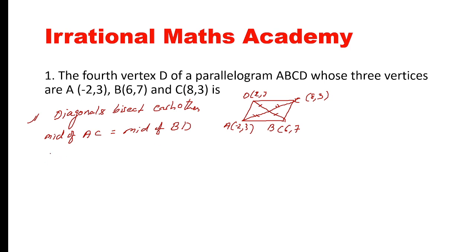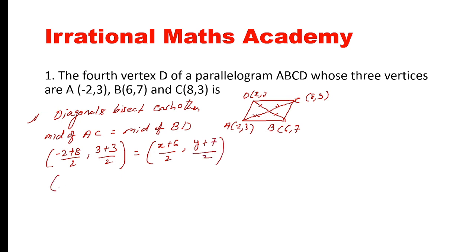So what is the midpoint of AC? (-2 + 8)/2, (3 + 3)/2 equal to (x + 6)/2, (y + 7)/2.